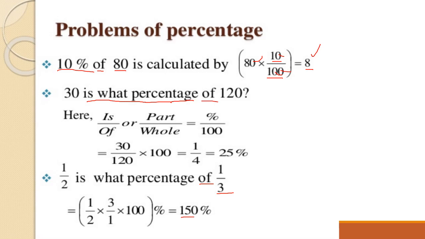So 1 upon 2 multiplied by 3 upon 1, because what is on the right side of the equal sign, when it comes to the left side, goes in the numerator. Here we have 3 in the denominator, here in the numerator, multiplied by 100. When you multiply all these things by 100, that gives you 150. So 1 upon 2 is 150% of 1 upon 3.